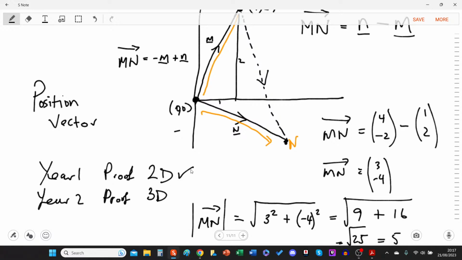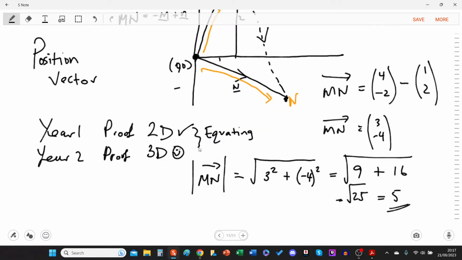So if you're happy and you sort it out in year 1, then year 2 you're going to be very happy indeed, because it's just an extension of the same methodology, which is highly reliant on a skill. Should I put it? Yeah, I'll put it here. Called equating. Okay, so we find two expressions and we equate two equivalent expressions. I'm telling you, 90% of the vectors questions are that. So there's a gift for you.